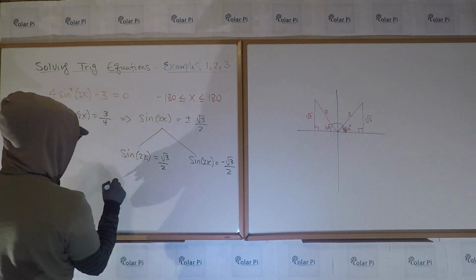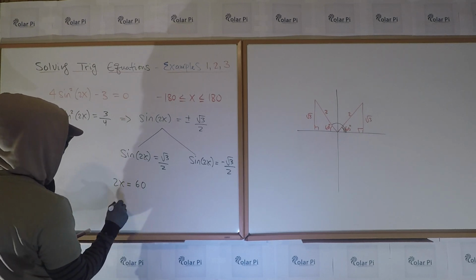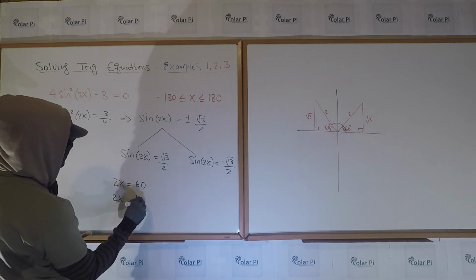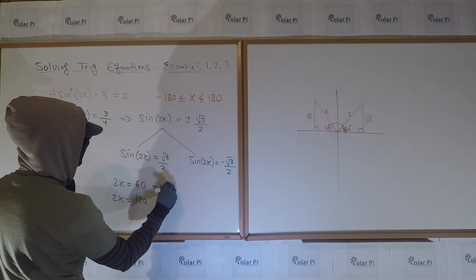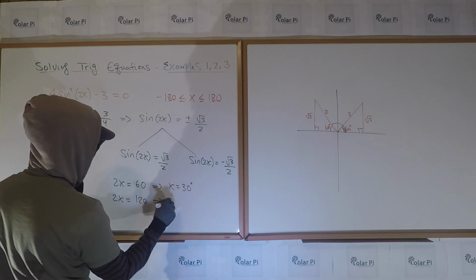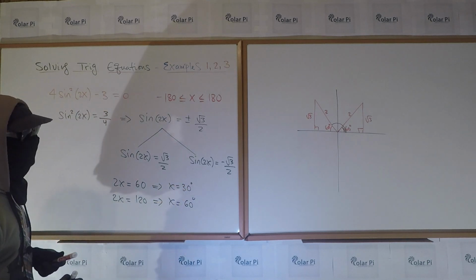But notice that means we have 2x is equal to 60, and 2x is equal to 120. From this first one, we see that x is 30. And from this second one, we see that x is equal to 60, right? Okay, cool.